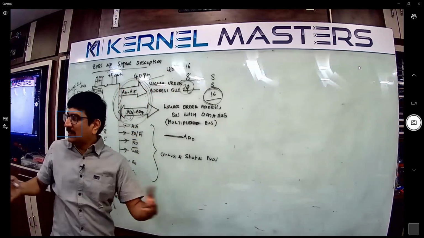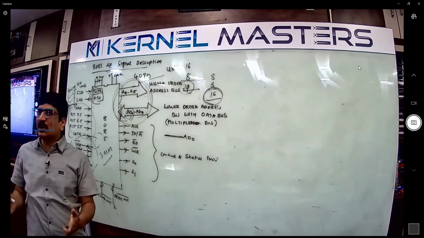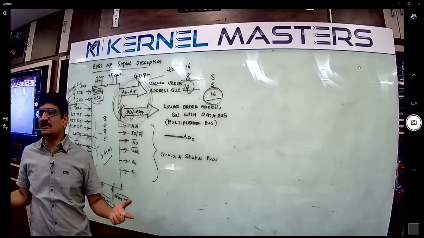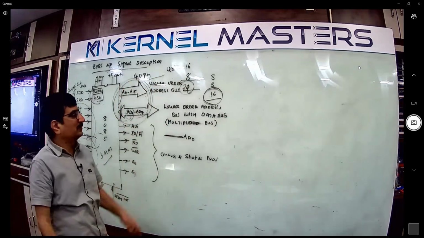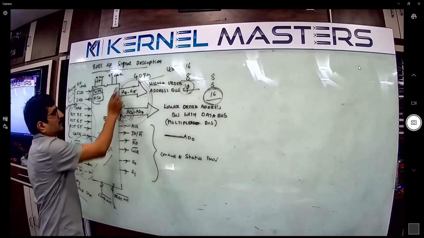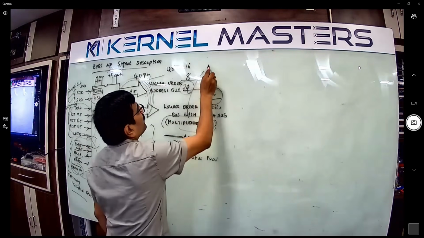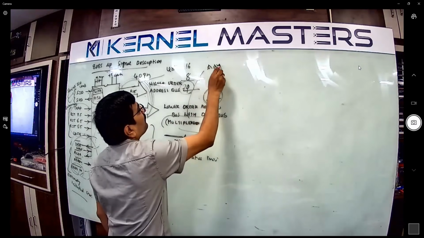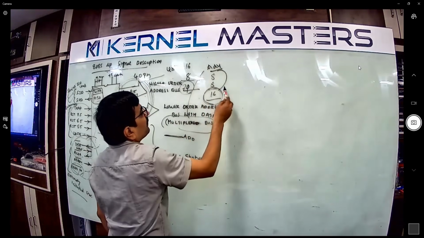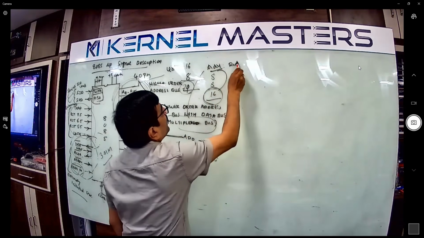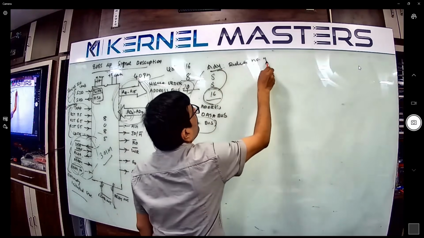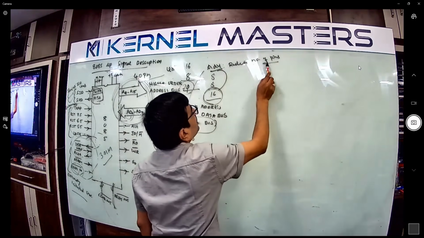The pin size increases, and obviously the size of the IC also increases. So multiplexing reduces this. The advantage of multiplexing is that it definitely reduces the number of pins of the IC.